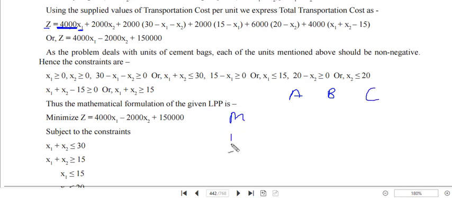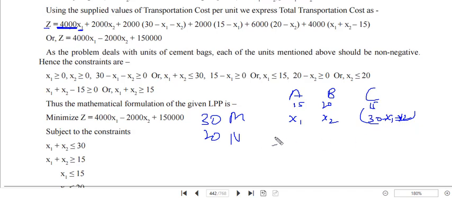Our problem is like this: M1, M and N. There were exactly 30 units available here and 20 here. The demand is 15, 20 and 15. We are supplying x1 and x2, so this will be 30 minus x1 minus x2, right?